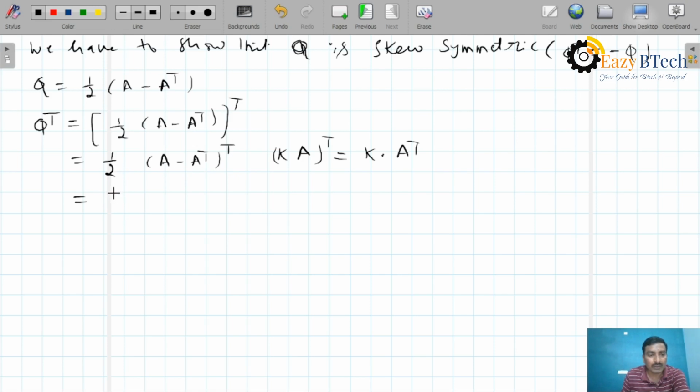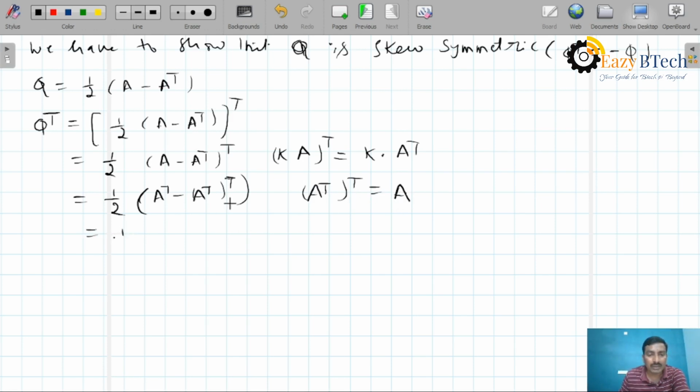That equals 1 by 2 into (A transpose minus A transpose whole transpose). Which property did I apply here? Here I applied the property A transpose whole transpose equals A. Now come to the next one.